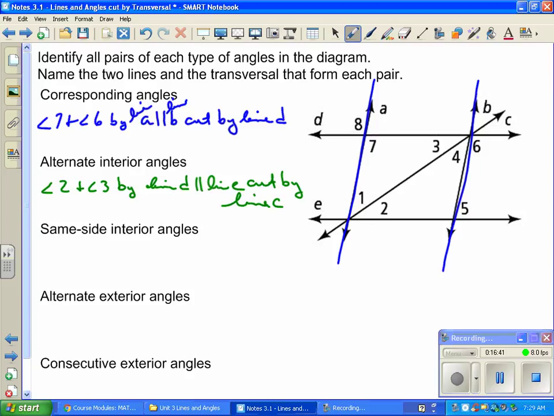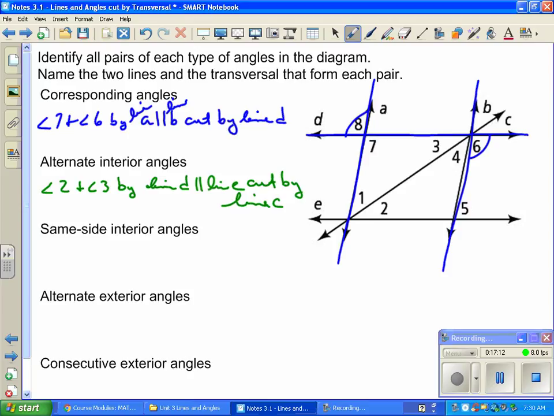Now, let's start with the line at the top, D. For there to be alternate exterior angles, first of all, we'd have to look at 8, because it's exterior to the two parallel lines that are vertical, and 6 is outside of those two vertical parallel lines. And for them to be alternating, they have to be on different sides of the transversal, which they are. So that one does work.